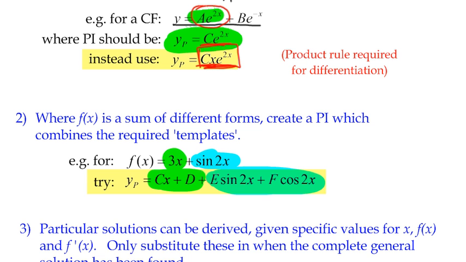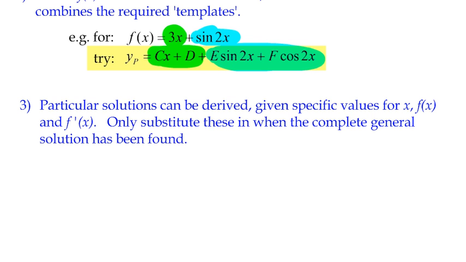And the last point to make before we go into the example is that, up until now, we've been finding general solutions, and we can actually find particular solutions if we're given some extra information. The key thing is that we only start using that once we've got the complete general solution.